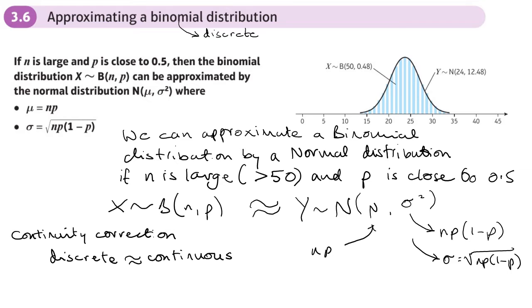Just for now, if you have this or this symbol, you go out, and if you have this or this symbol, you go in, and the amount you go in or out by is 0.5. This will all make sense in a moment, but it helps us do the continuity correction where we may need to add or subtract 0.5 from the value of x.